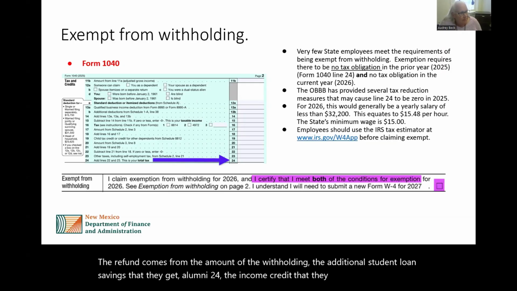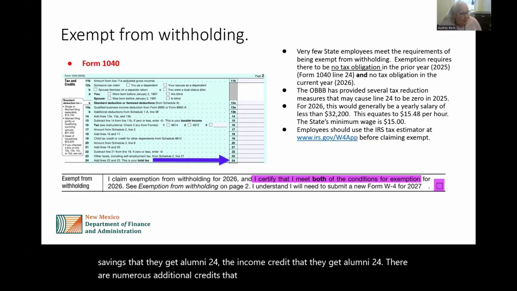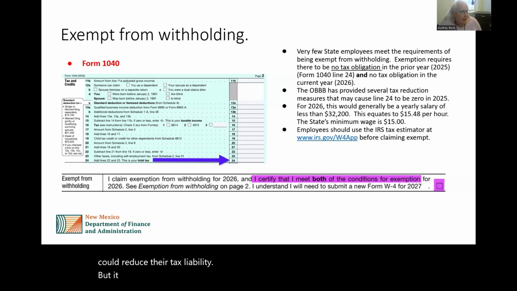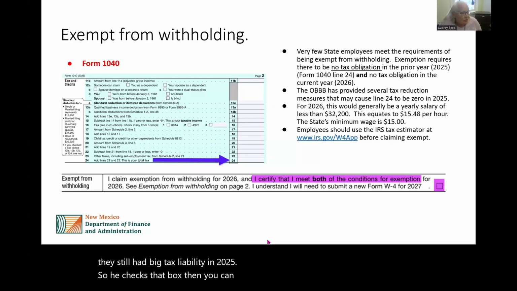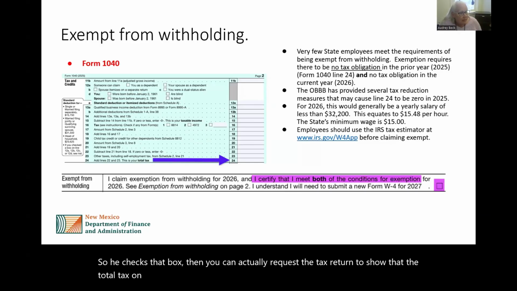There are numerous additional credits that they can have below line 24, which could reduce their tax liability, but it does not force them into or allow them to be in an exempt status because they still had a tax liability in 2025. So if an employee checks that box, then you can actually request the tax return to show that total tax on line 24 was 0. Next slide, please.